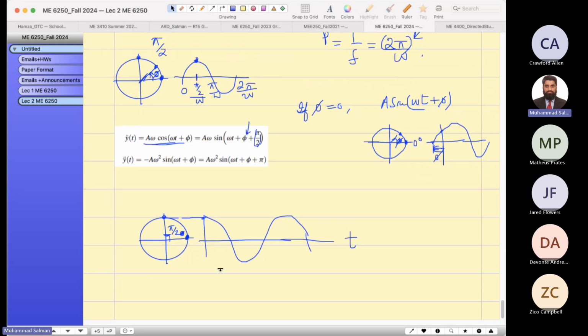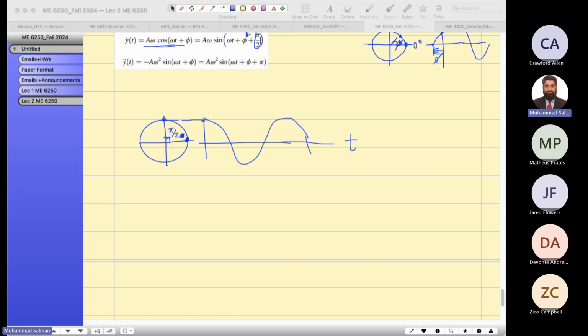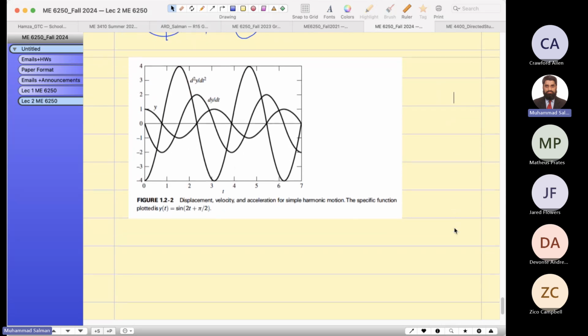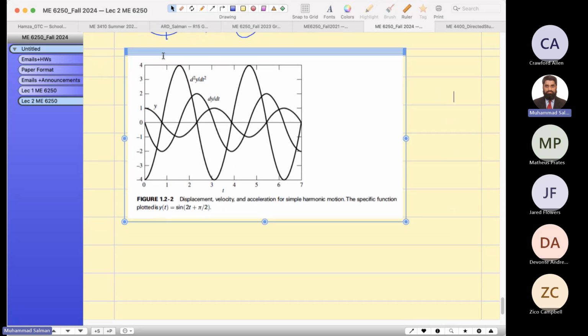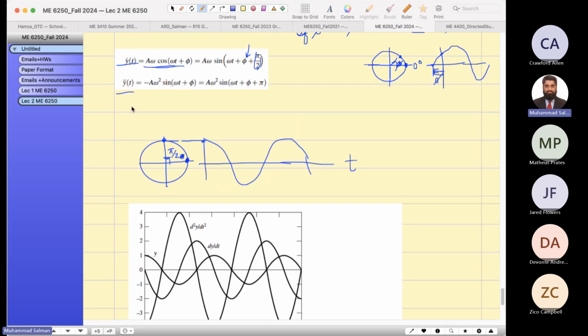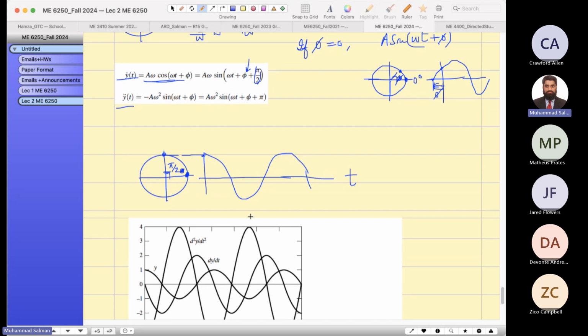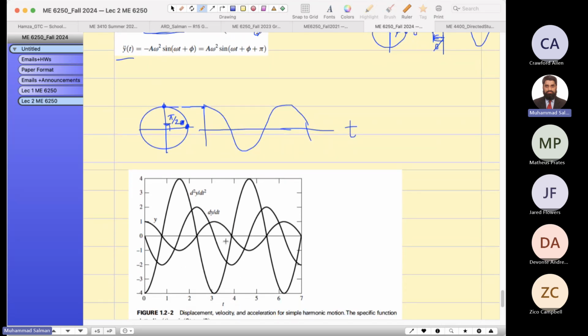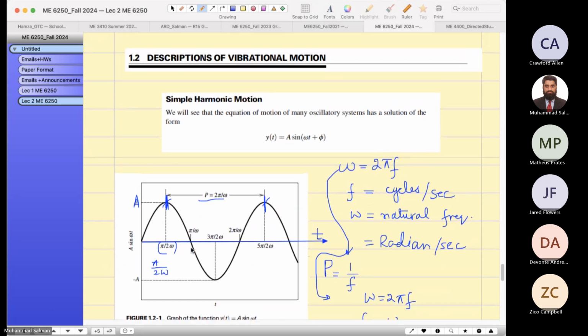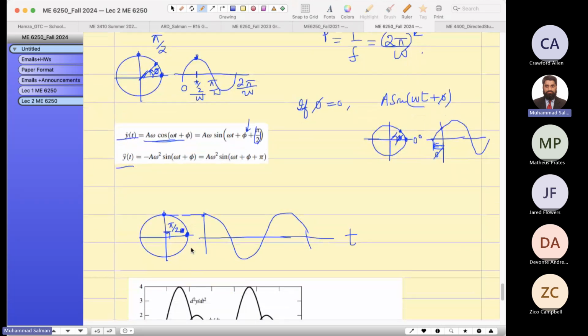So this is how you write it down. And if you draw the sine and cosine, and if you draw y, which is the displacement or the position, and dy over dt is the velocity, which is over here.